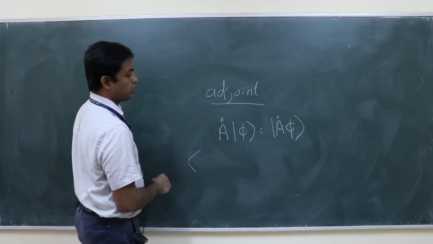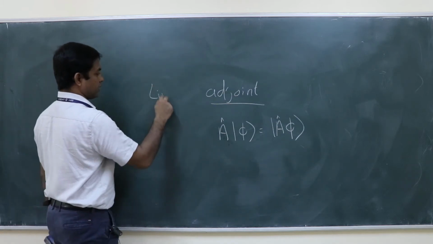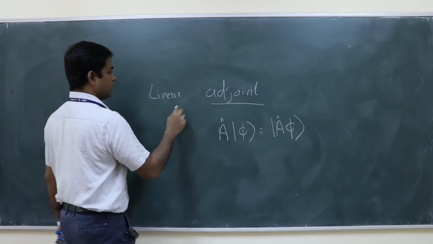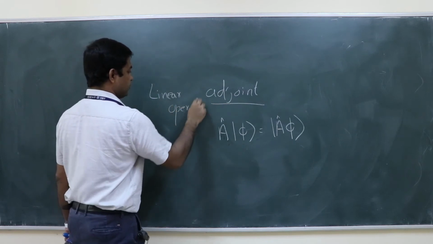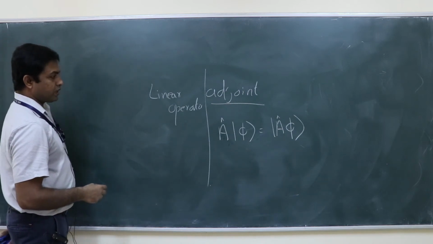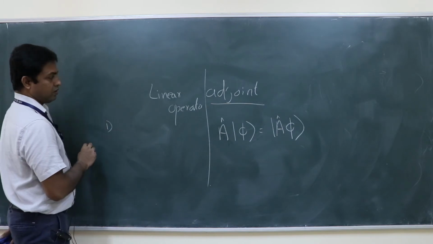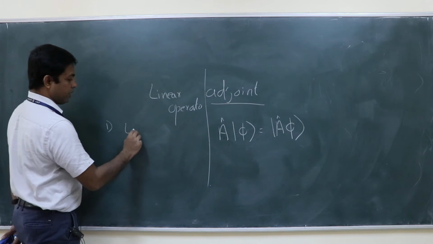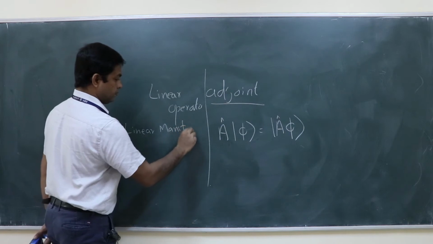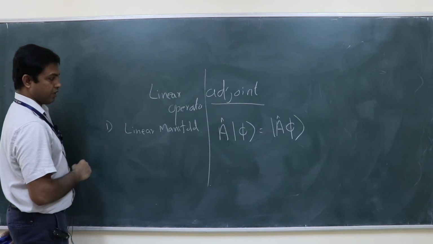Before that, I have to define the linear operator. What do you mean by a linear operator? We defined operator, now I have to define linear operator. Linear operators have basically two conditions to satisfy. The domain should be a linear manifold. In the last class I told you what a linear manifold is.